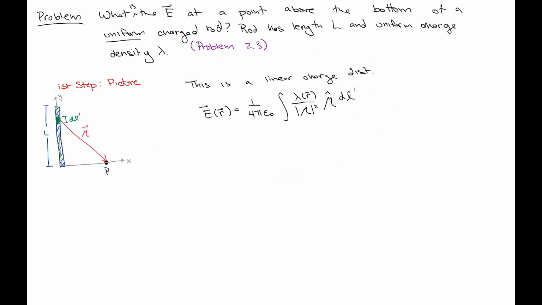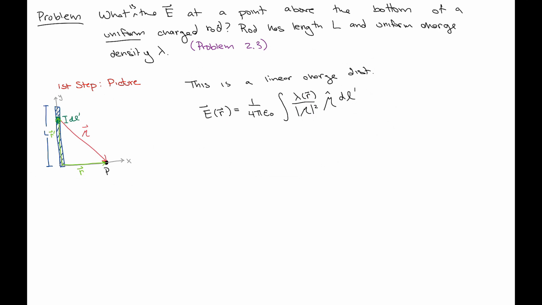I've got a position vector for the point where I'm calculating the electric field, which is just r. That's kind of like where my test charge was when I was talking about Coulomb's law. And then I've got my position vector for the point where the source charge is, and if you remember, that is r prime. So if I look at my picture here, I've defined some of the things that are showing up in my integral.